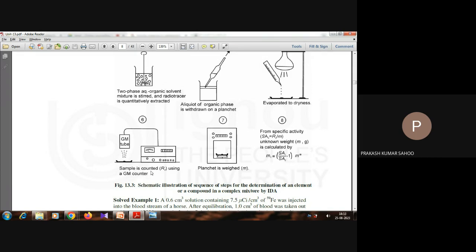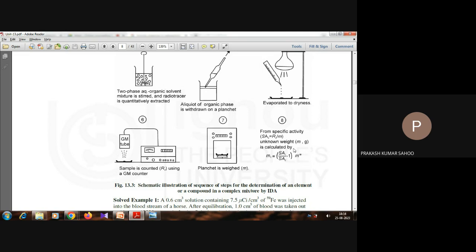What is the specific activity of the radiotracer as well as the specific activity of the unknown sample? It is determined through this equation: M1, that is the mass of analyte, is equal to A1 by A2 minus 1, into M star, which is the mass of the radiotracer.